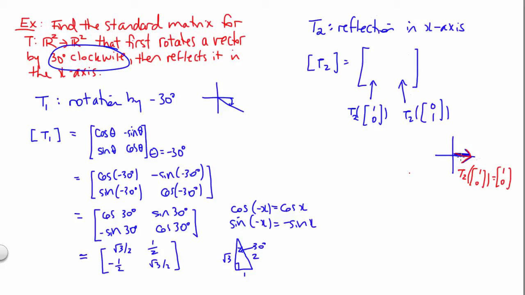That vector has not changed when T2 was applied to it. Now if we look at our second standard basis vector, the vector 0, 1, and we think about reflecting that in the x-axis, we're going to get this vector here, meaning T2 of 0, 1 is equal to 0, negative 1.